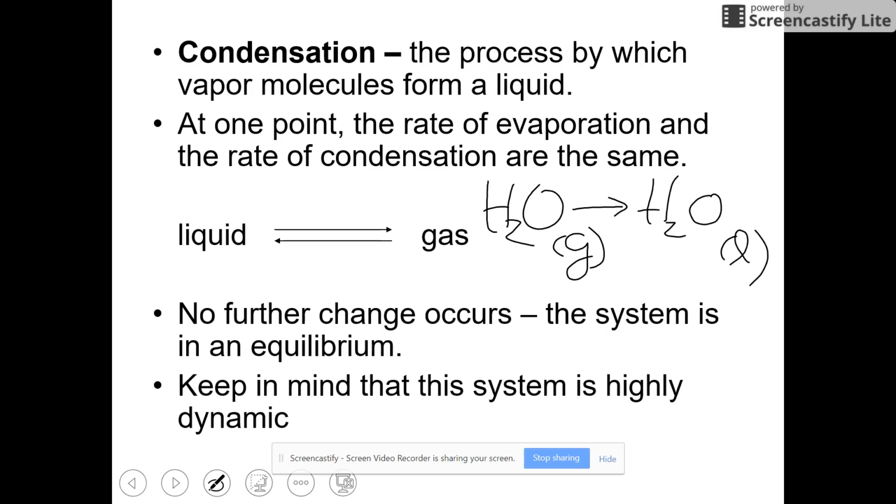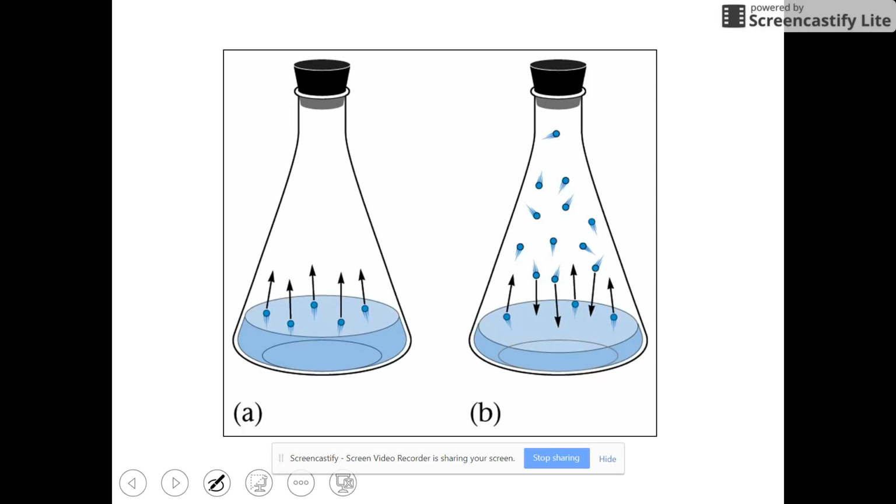So now, if you put the two processes together, like here, if you have a water sample, you put it in a flask, you cap it, make it a closed container. Initially, some of the water molecules on the surface will start to evaporate, change from liquid phase to gas phase.